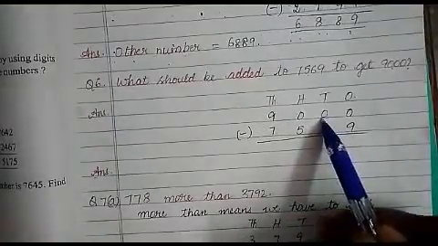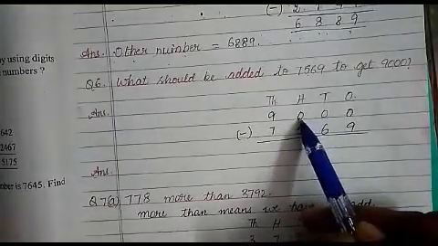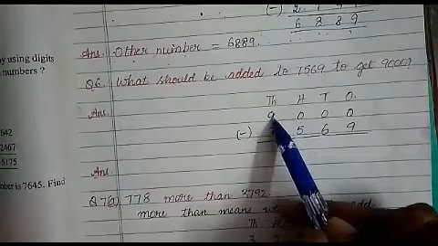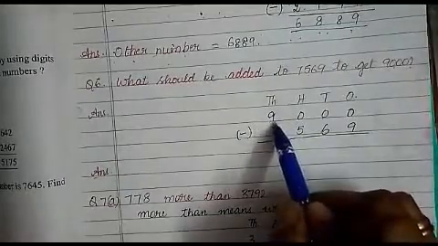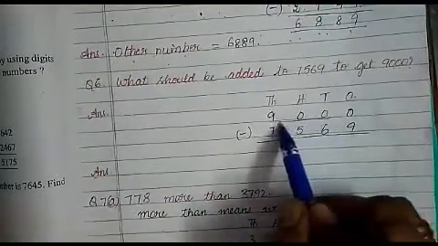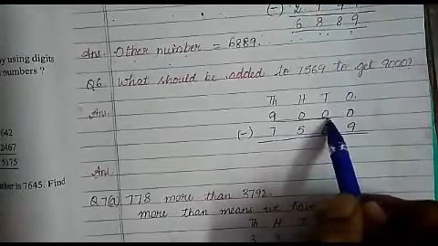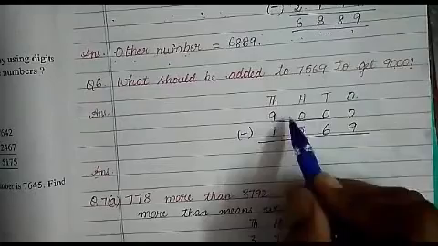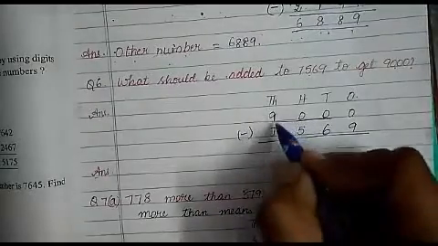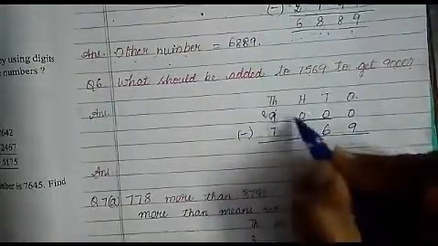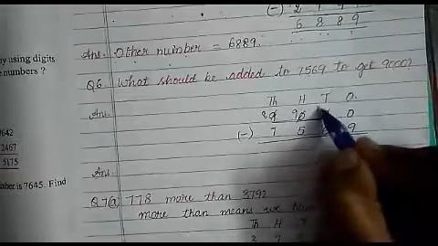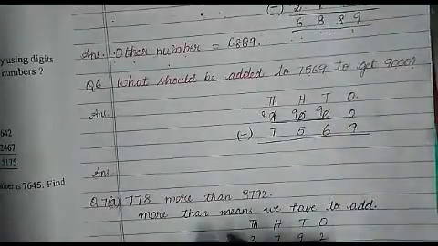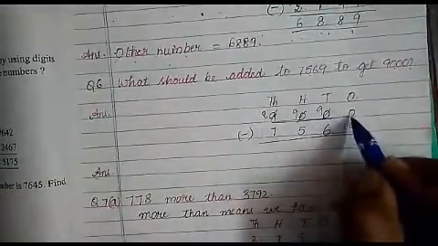Tens place is also 0, hundreds place is also 0, so we are going to the thousands place. So what is the number we are borrowing from? This is 900, right? So we have to subtract 1 from 900. How much does it become? It becomes 899. Okay, and 10 we have to add, no?